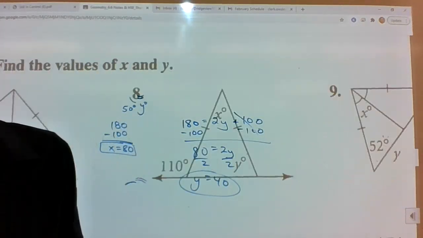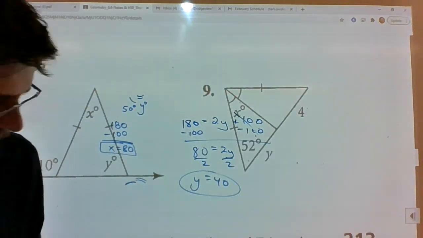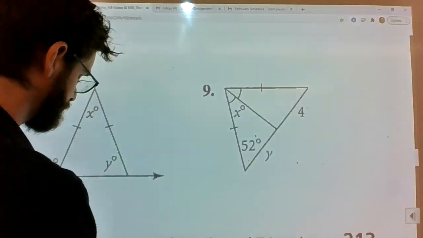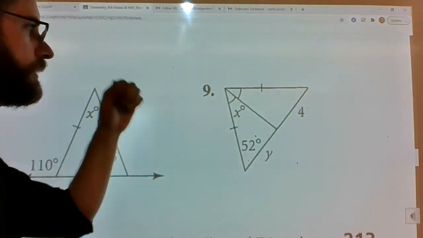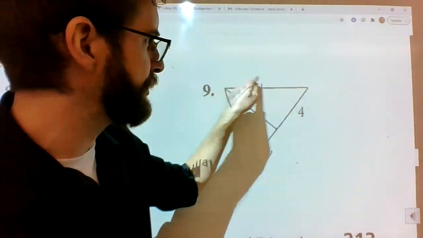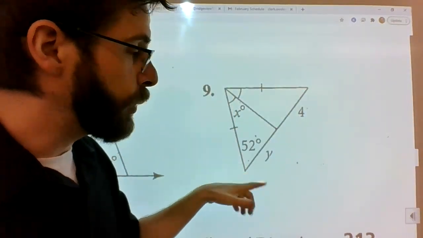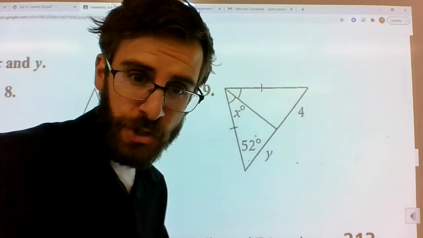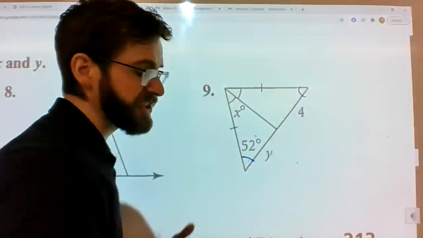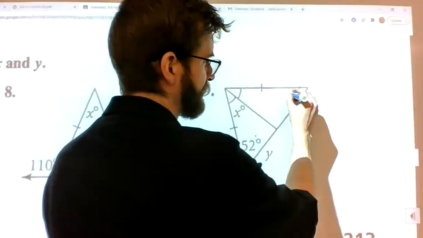What if we tried number 9? These tick marks mean that these sides are congruent, which instantly from the isosceles triangle theorem states that their opposite angles must also be congruent, which means this is 52 degrees.